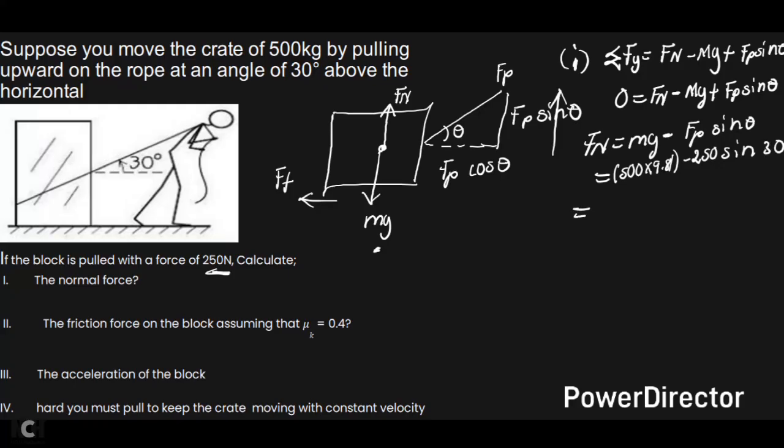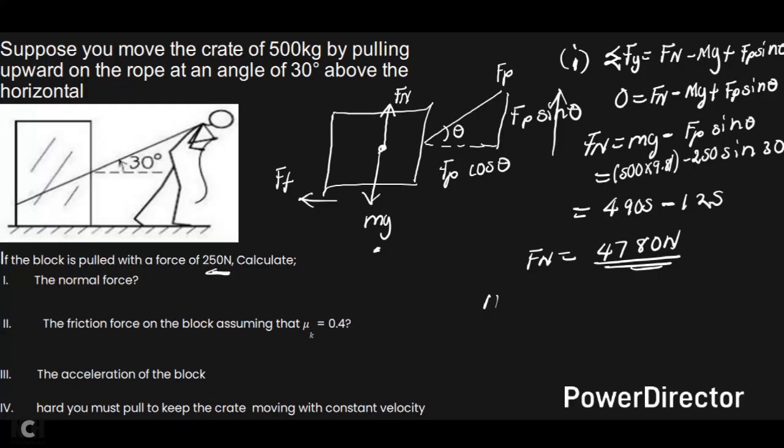So what will happen is that 500 times 9.8 gives you 4905, minus everything there, you will get 1.5. Meaning that your normal force will be 4780 newtons. So this is how you calculate the normal force.